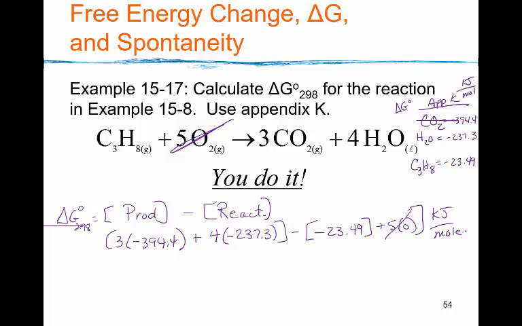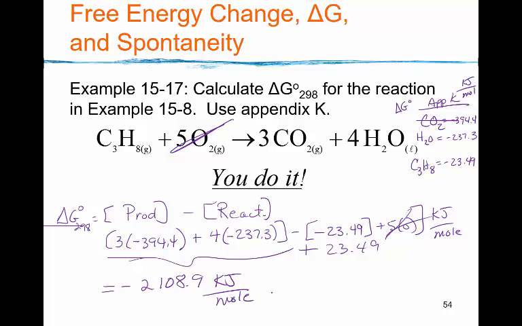All right, and so when we do the math, this is going to be a negative, and then it's going to be plus that 23.49, right? And then the 0 was out. So do this calculation right here, get your number, add that to 23.49, and we should get a negative 2108.9 kilojoules per mole.